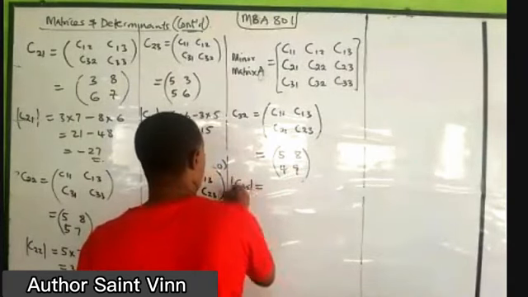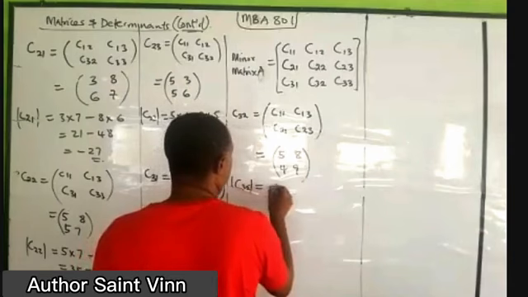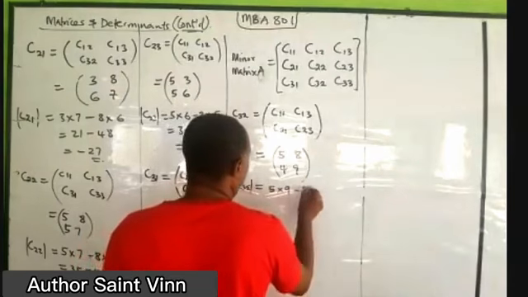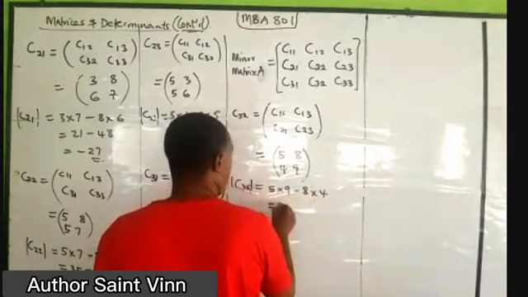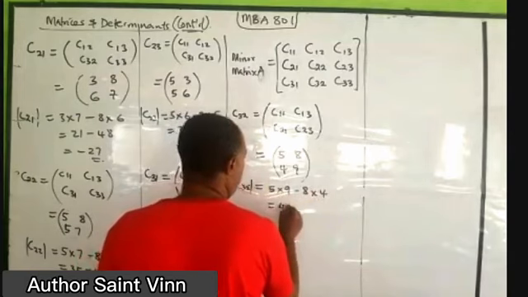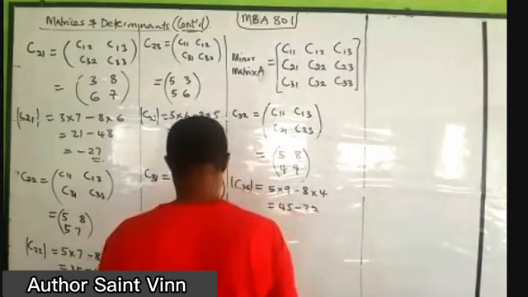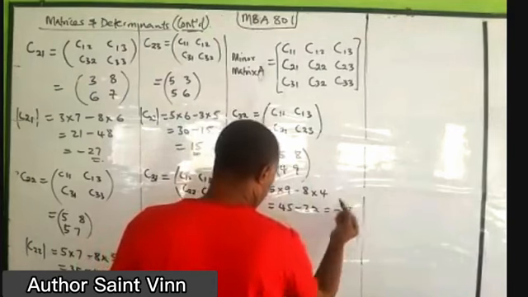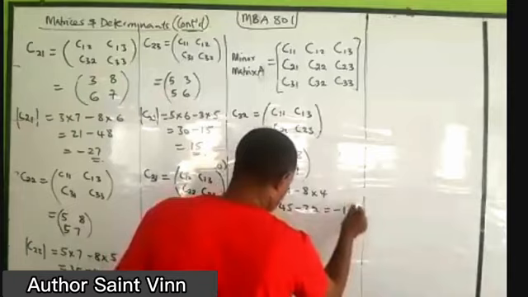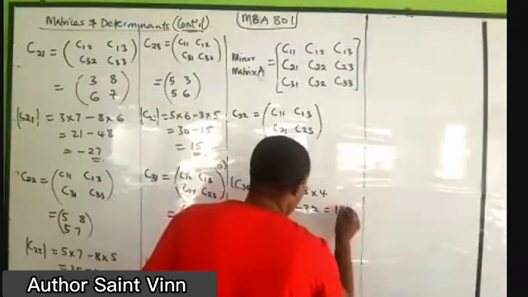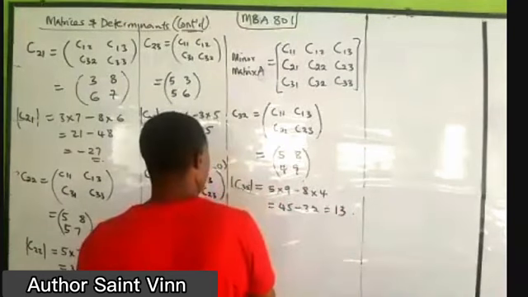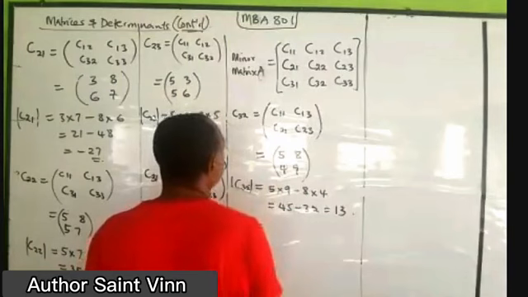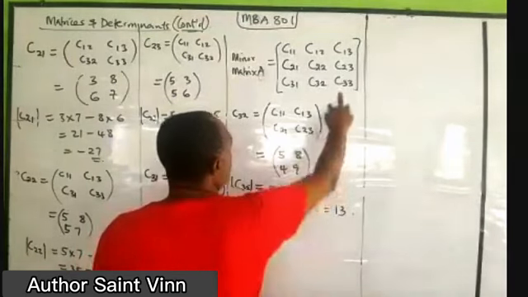C32 is equal to 5 times 9 minus 8 times 4. That is 45 minus 32, equal to 13. Good. Then C33, which is the last one.